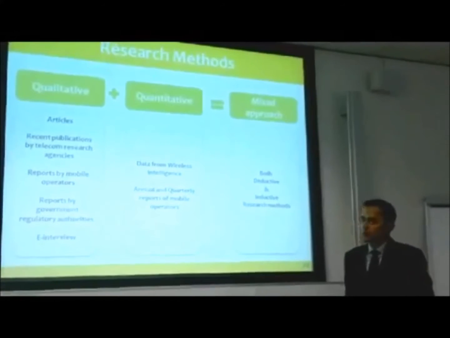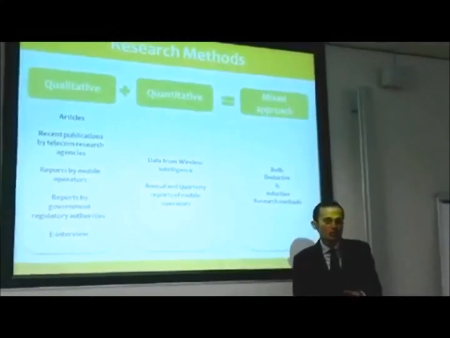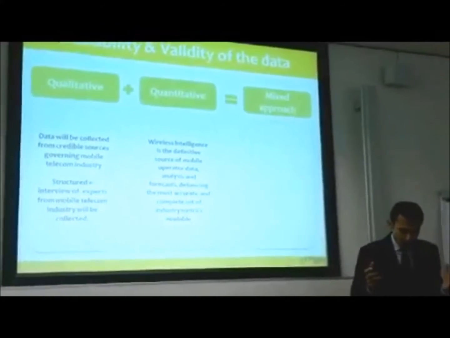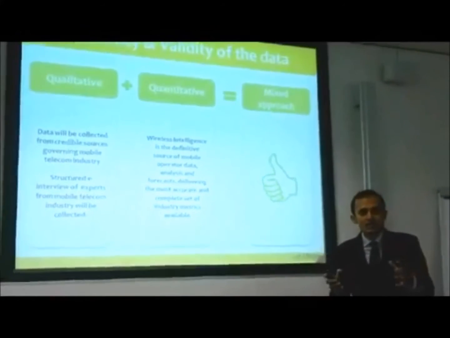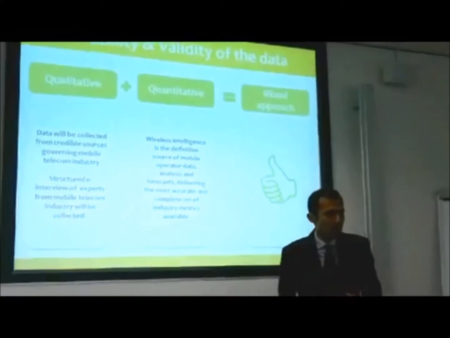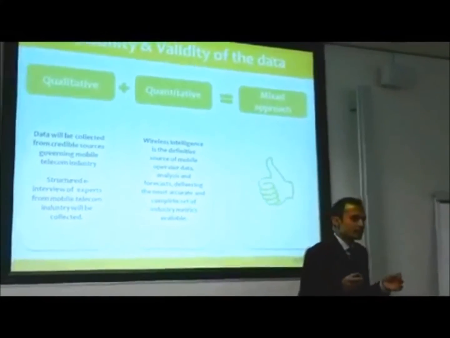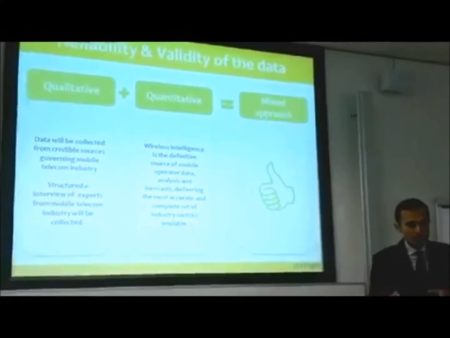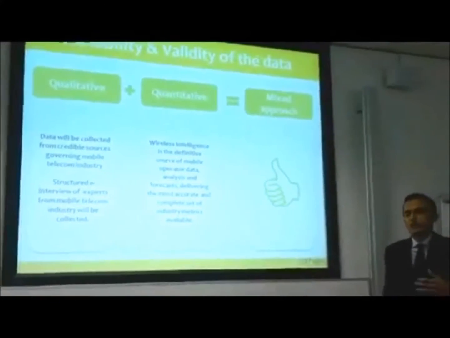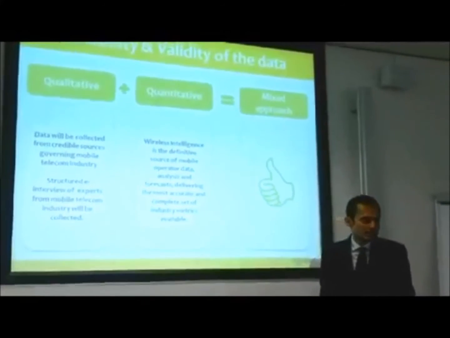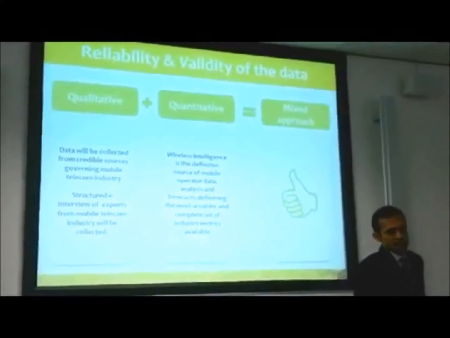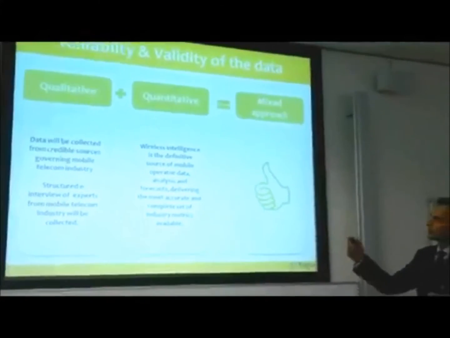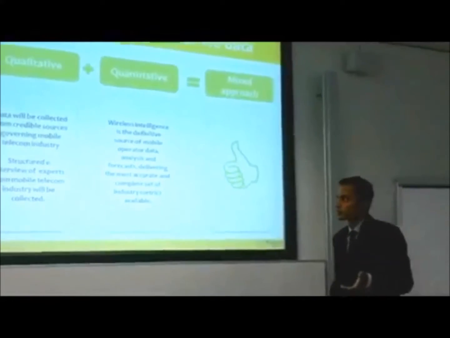Quantitative data has been collected from Wireless Intelligence, where more than 700 operators in the world provide their internal information to this organization. How did I get it? Because I worked in telecom before, I have access to that, and this data is absolutely okay to use for research purposes. They mentioned it. And obviously that is collected from credible sources.